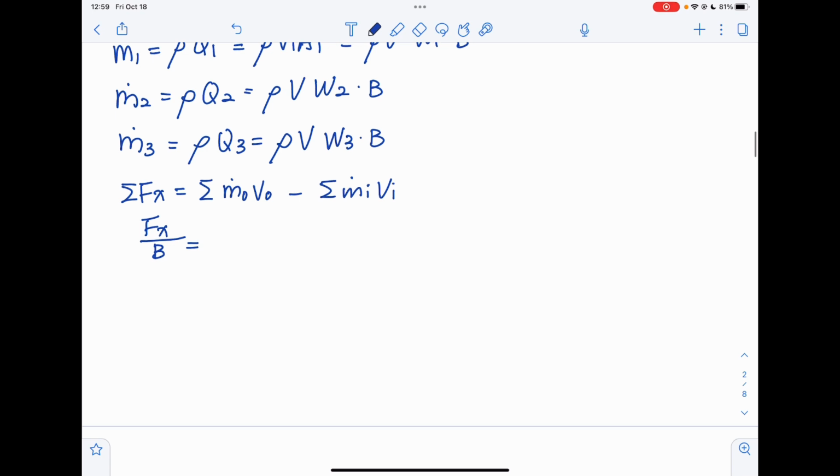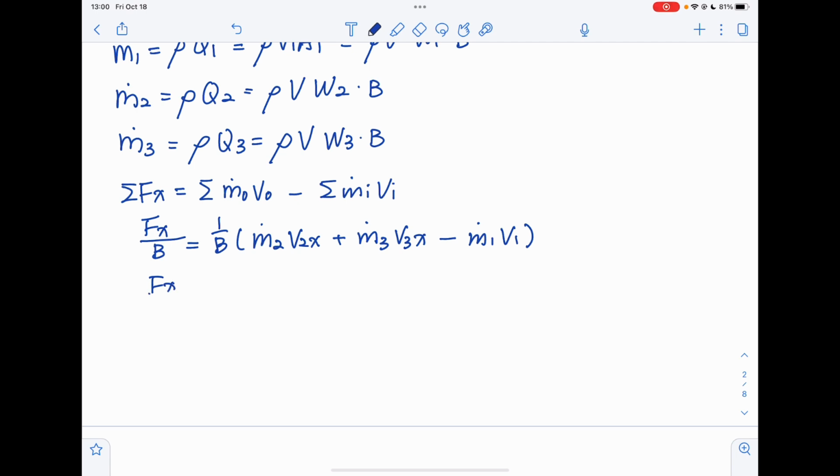So 1 over B times the mass flux moving out, with velocities V2 and V3: m dot 2 times V2x plus m dot 3 times V3x, and minus the mass flux moving in, which is m1 dot times v1.